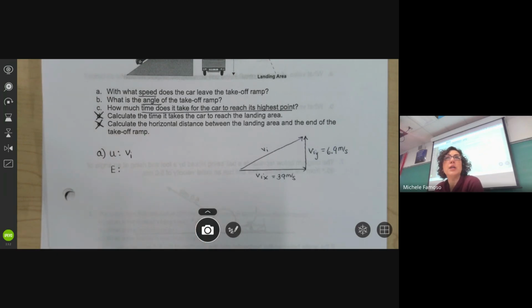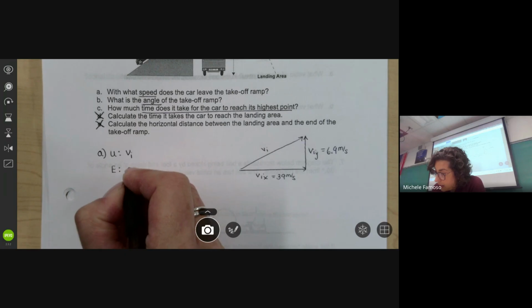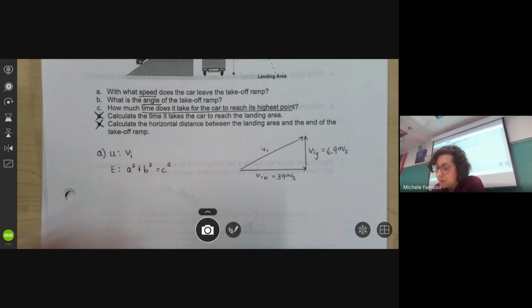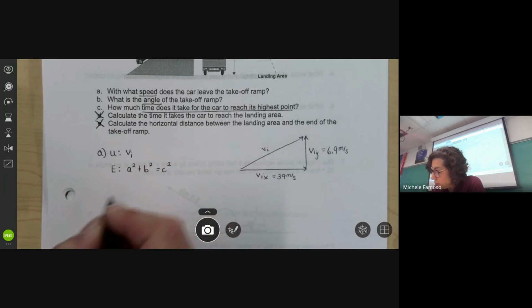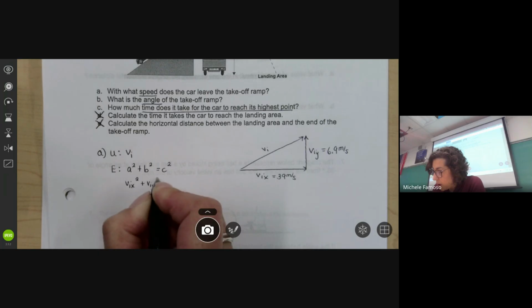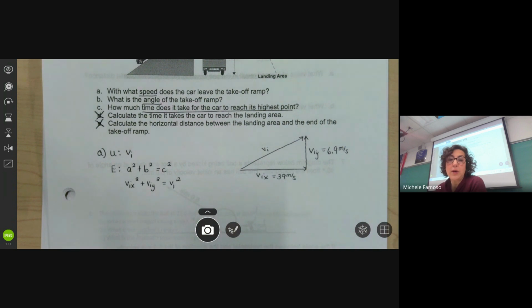What equation can you use to solve for the hypotenuse of this triangle? Yep, so that would be a squared plus b squared equals c squared. In other words, it would be the same thing as VIX squared plus VIY squared equaling the VI squared.